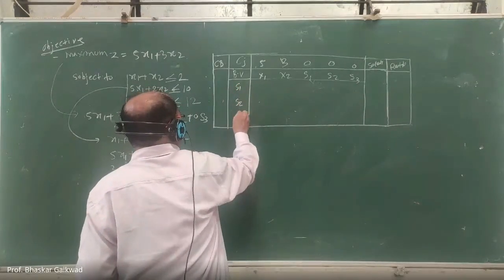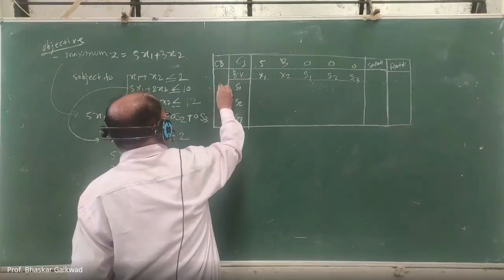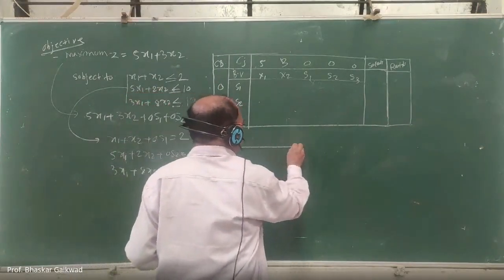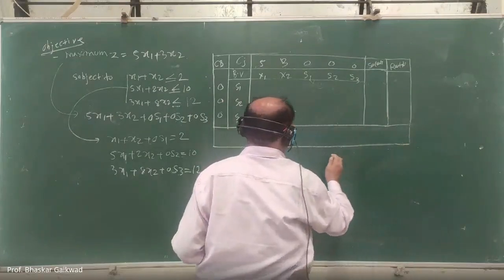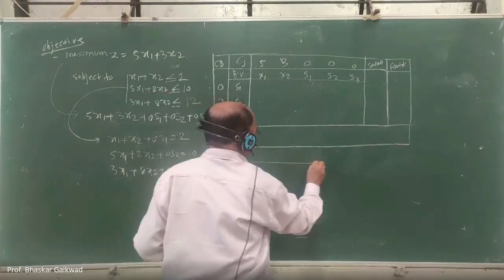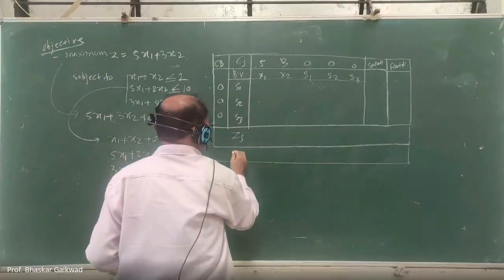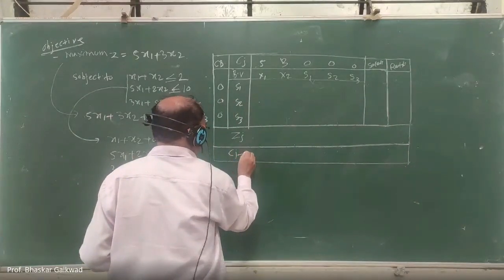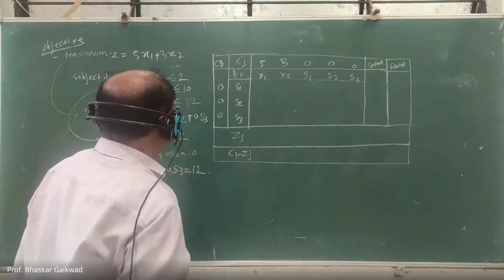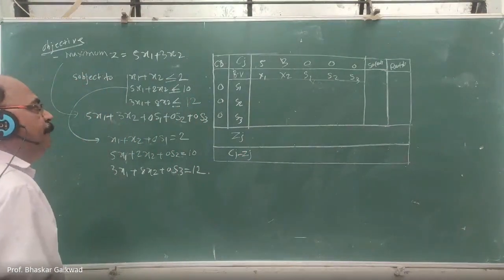S1. And below this, we can write Zj, and below that, Cj minus Zj. Correct.